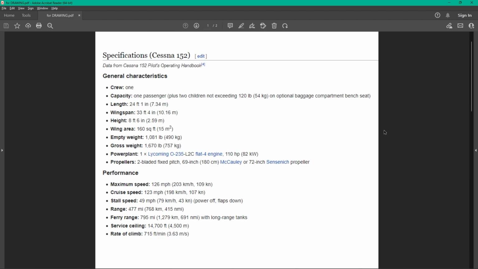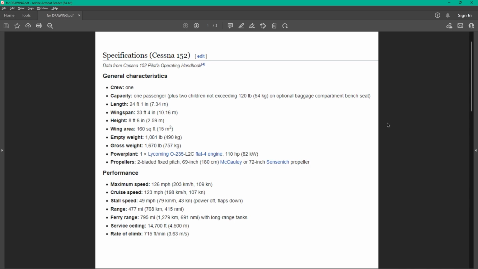So these are some general characteristics of the Cessna 152. It has a crew of one only. The capacity is one passenger plus two children not exceeding 120 pounds or 54 kilograms on the optional baggage compartment bench seat.